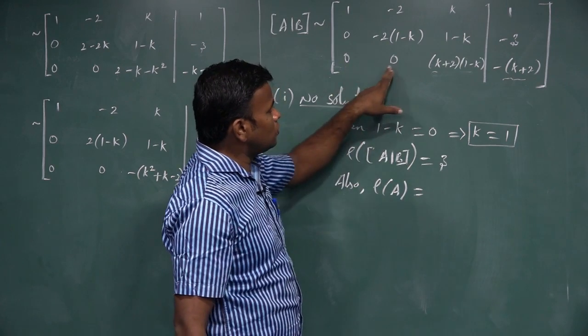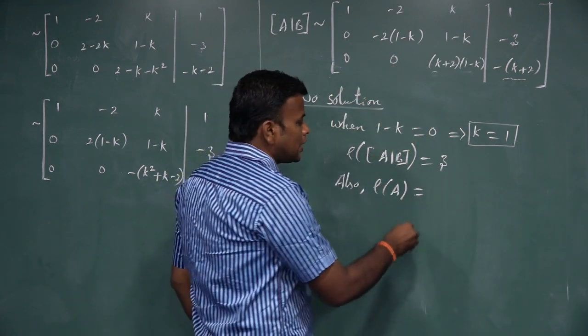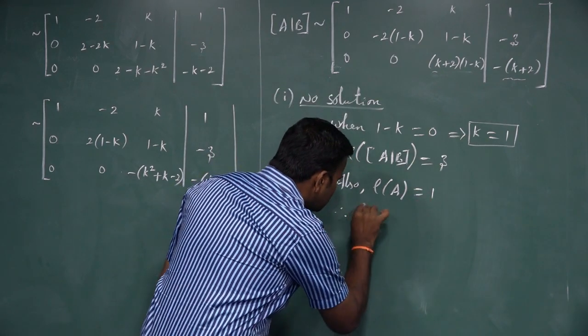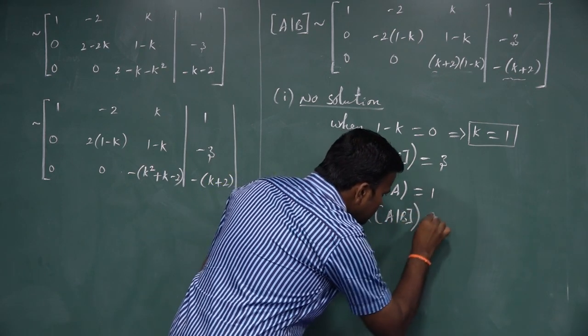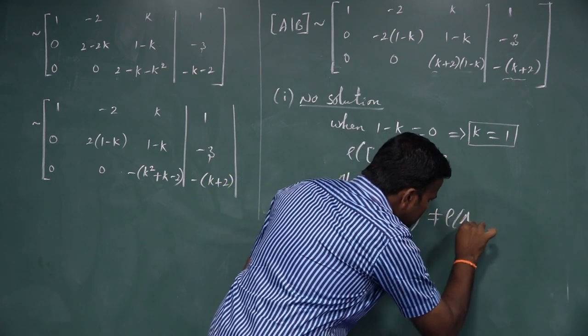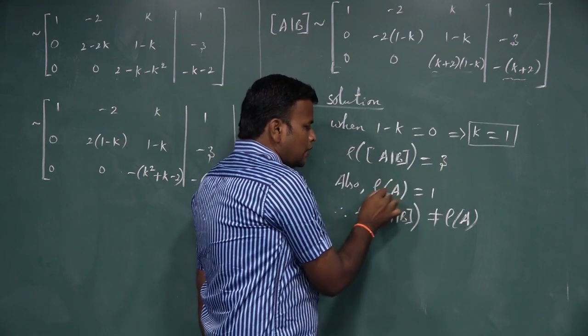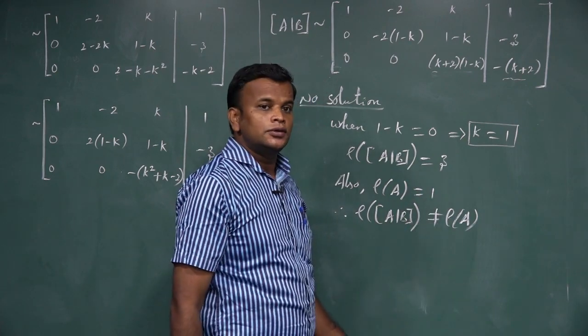Third row, 0, 0, this value is also 0. So what is the rank of A? It is just 1. Therefore, rank of A by B is not equal to rank of A, because rank of A by B is 3 and rank of A is 1. So both the ranks are different.